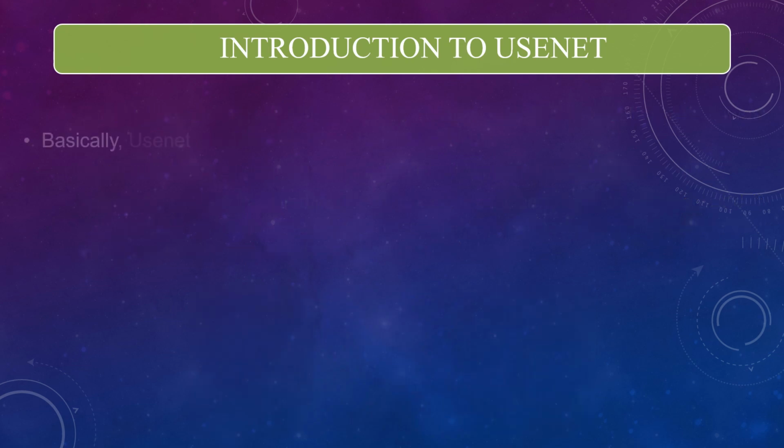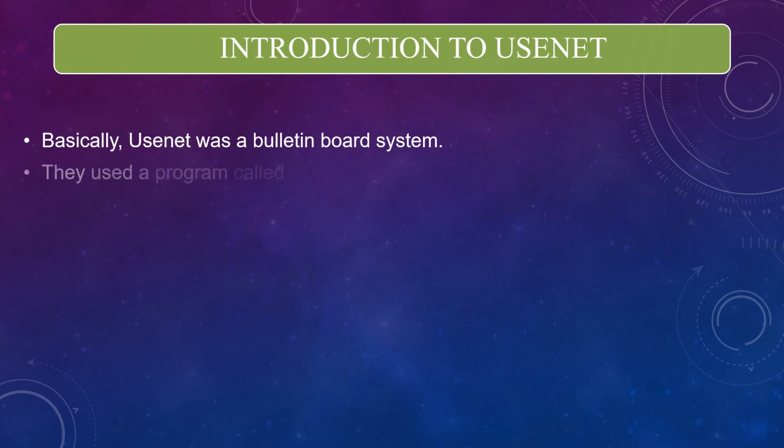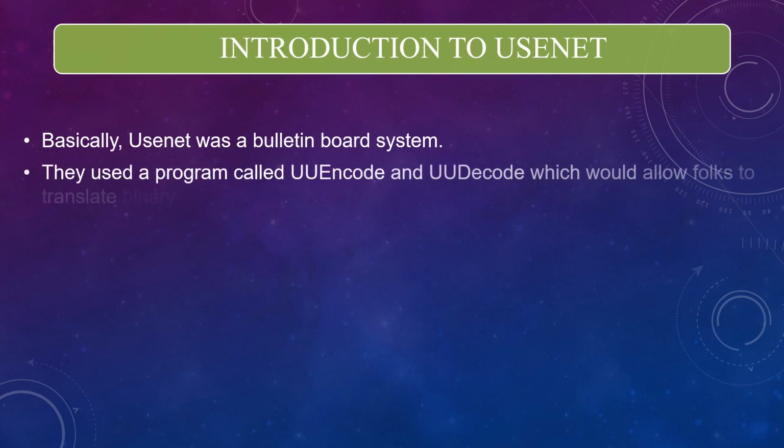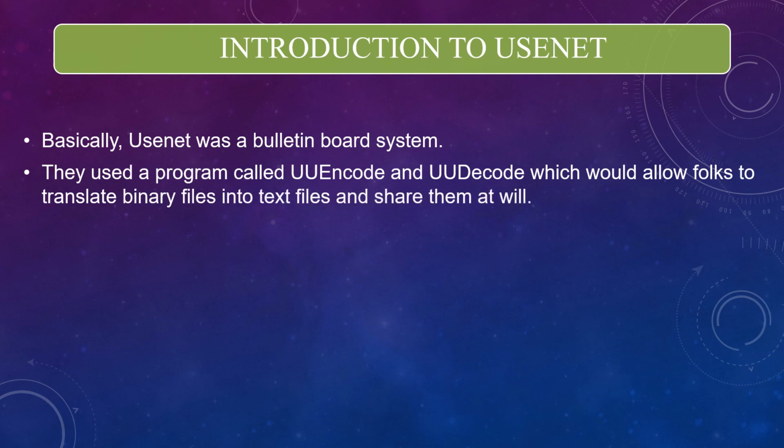So, basically, Usenet was a bulletin board system. They used programs called UUencode and UUdecode, which would allow folks to translate binary files into text files and share them at will.